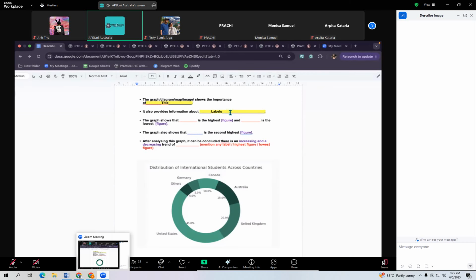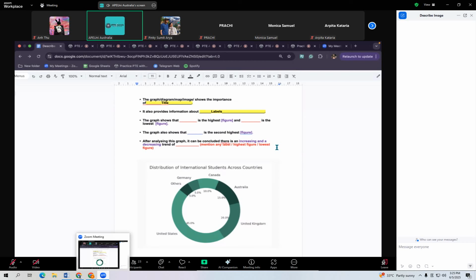Number 2, I need the labels. Number 3, highest and lowest. Number 4, second highest. Number 5, increasing and decreasing trend. If you want, you can mention the increasing and decreasing trend together. If you want, you can also separate them: increasing trend of this and decreasing trend of this.